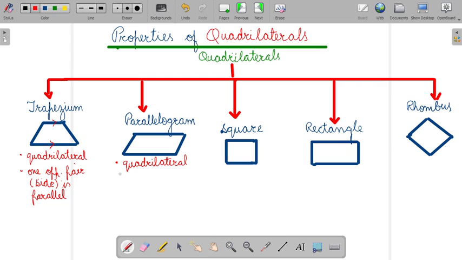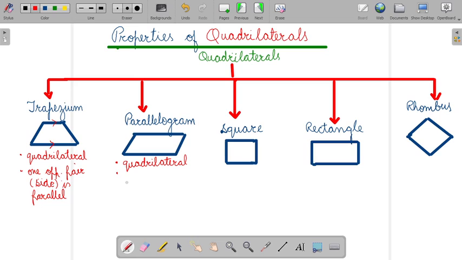Now, the next property: what is the property of a parallelogram? When will it be a parallelogram? If both opposite sides are parallel to each other and equal to each other, then it will be a parallelogram.